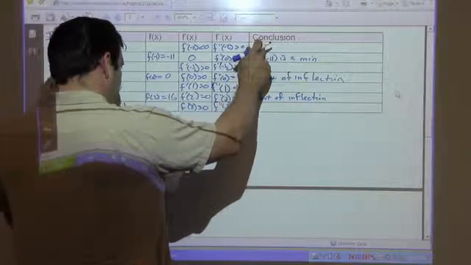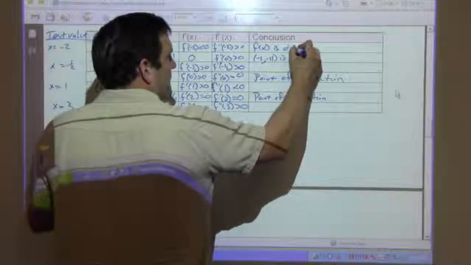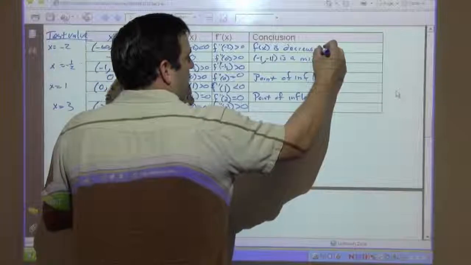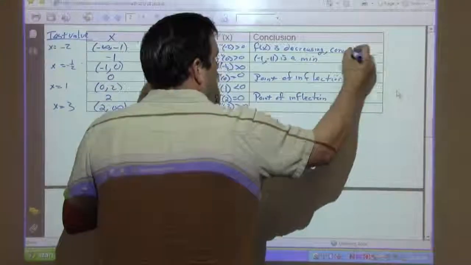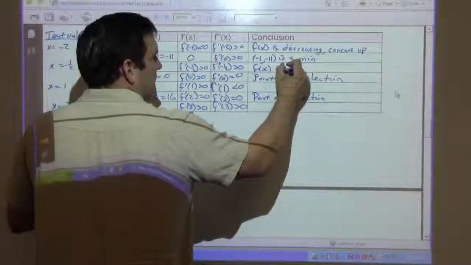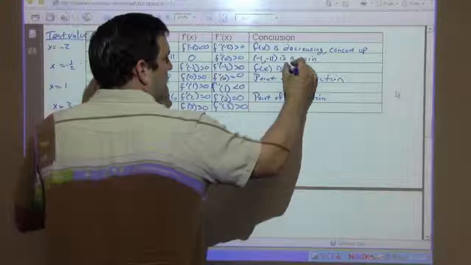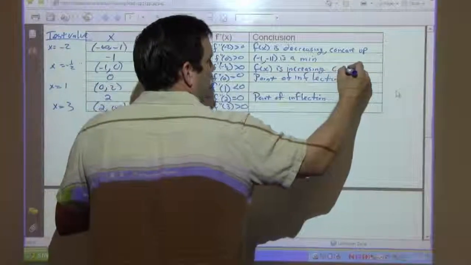So in this interval, f of x is decreasing and concave up. In this interval, f of x is increasing and concave up.